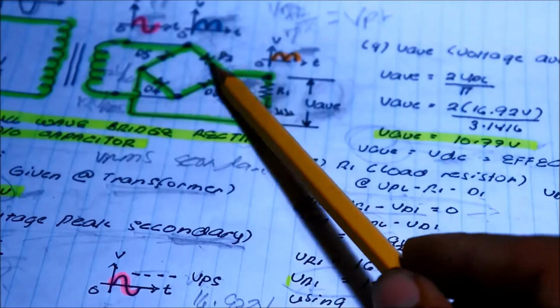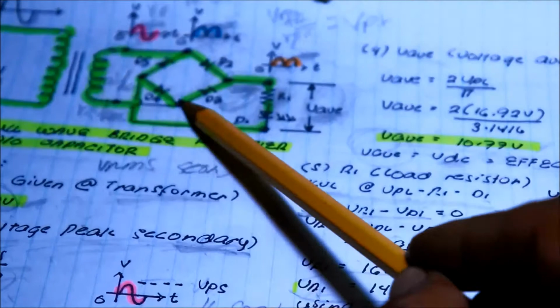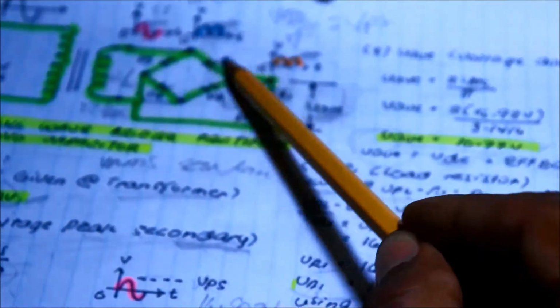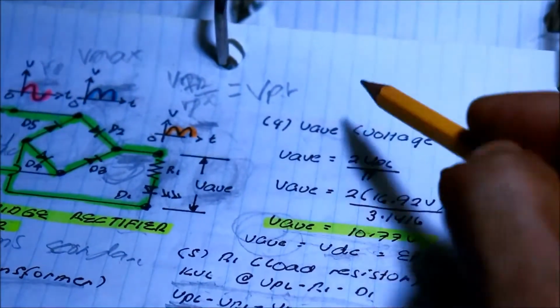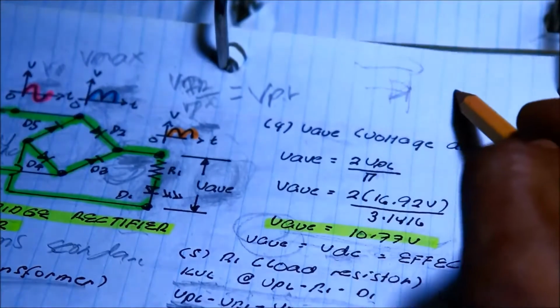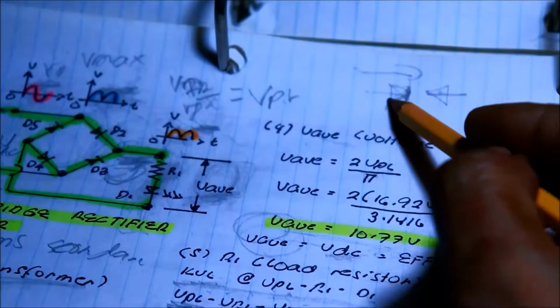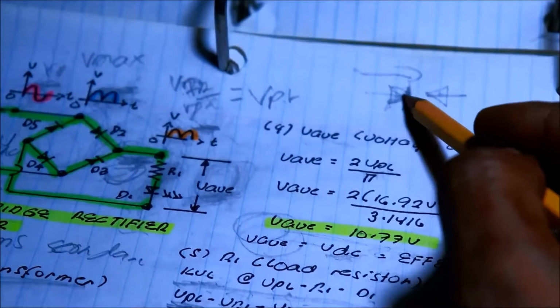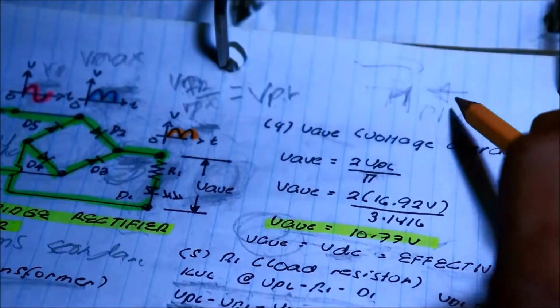We need to counter that. We need a peak inverse voltage value for the diode, or else it will burn out during the reverse direction of the wave, the reverse bias condition of the diode. Forward, and how about the reverse condition for breaking this junction barrier? We need to counter that, so that's why there is a peak inverse voltage.